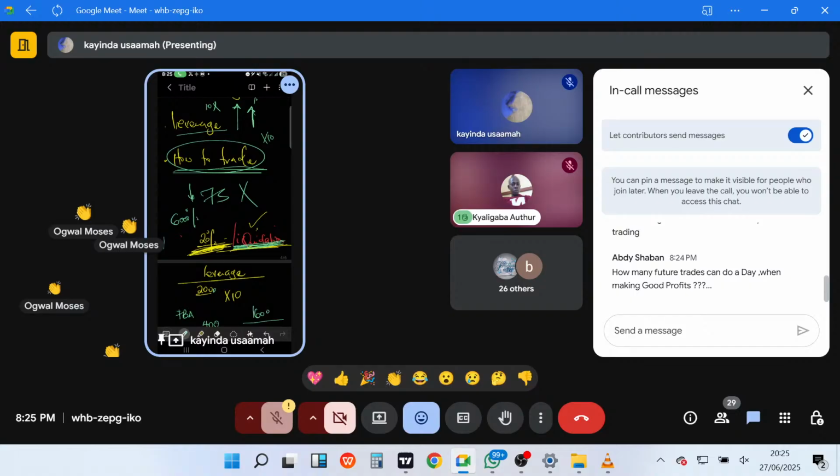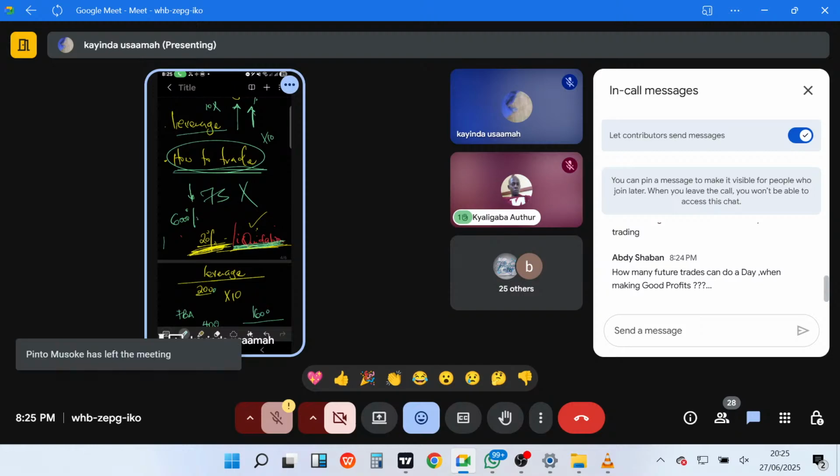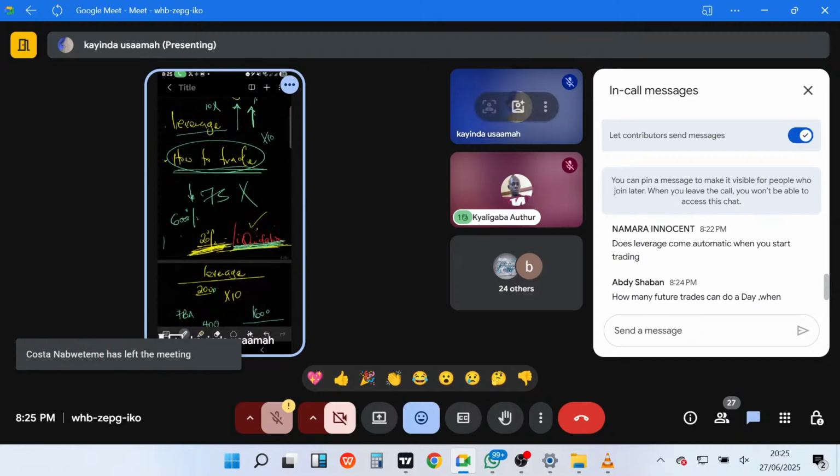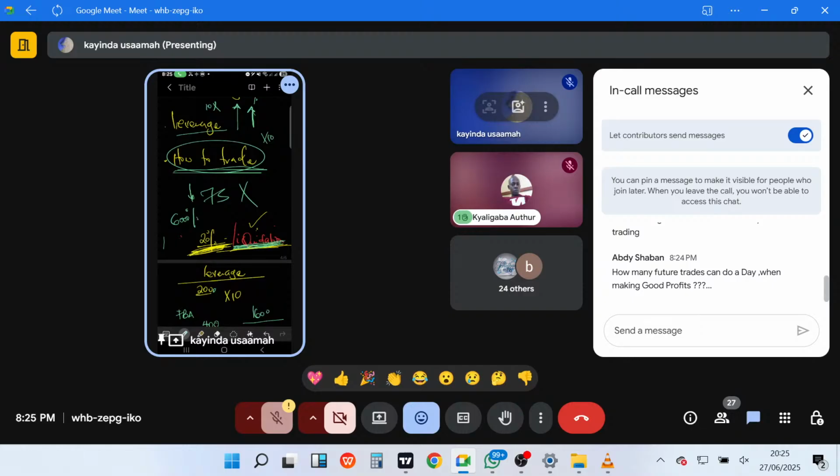I don't know whether it will be possible to have it tonight, since it's the weekend, so we're going to have it during the day. Someone asks how many futures trades you can do a day when you can profit. It depends on your capital and your strategy.